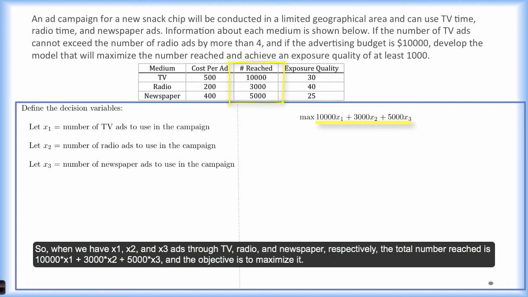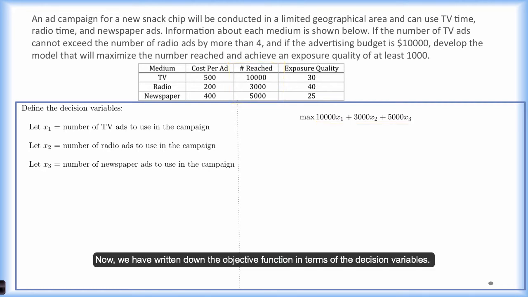And the objective is to maximize it. Now, we have written down the objective function in terms of the decision variables. The next thing is to list all the constraints, which is the third component of the optimization problem.